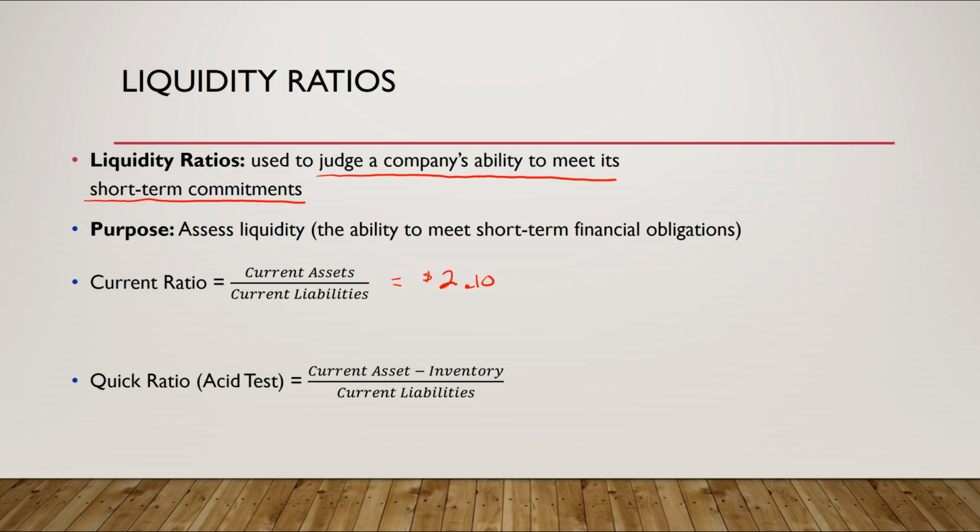Typically, we obviously want current assets that exceed current liabilities. We need that cash and those assets to meet our short-term obligations. But we don't want this too high either.